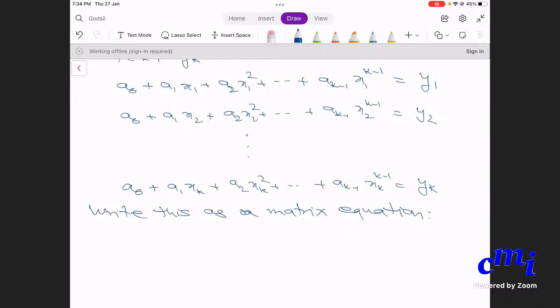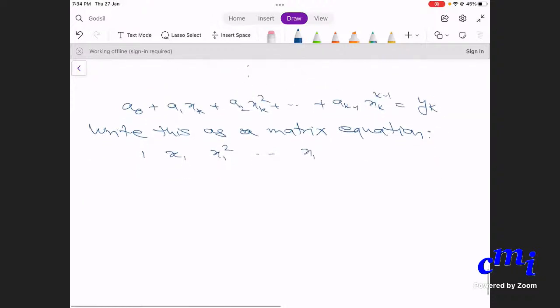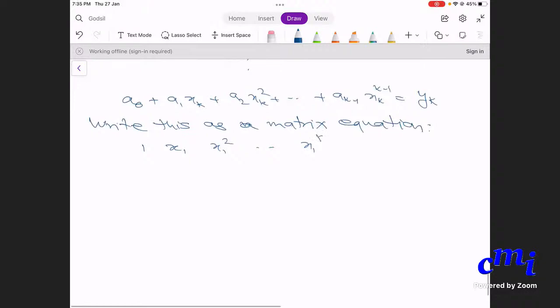It is 1, x1, x1 squared up to x1 to the k minus 1. Then 1, x2, x2 squared up to x2 to the k minus 1. So on up to 1, xk, xk squared, up to xk to the k minus 1.